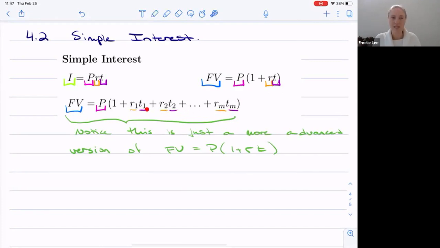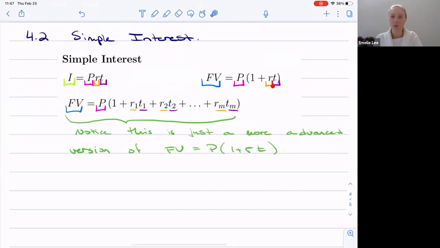We're not going to get to this until the end of chapter 4, and we don't use this formula a lot, but it's for when the interest rate R changes over different time periods, T1, T2, Tm, allowing for M changes.